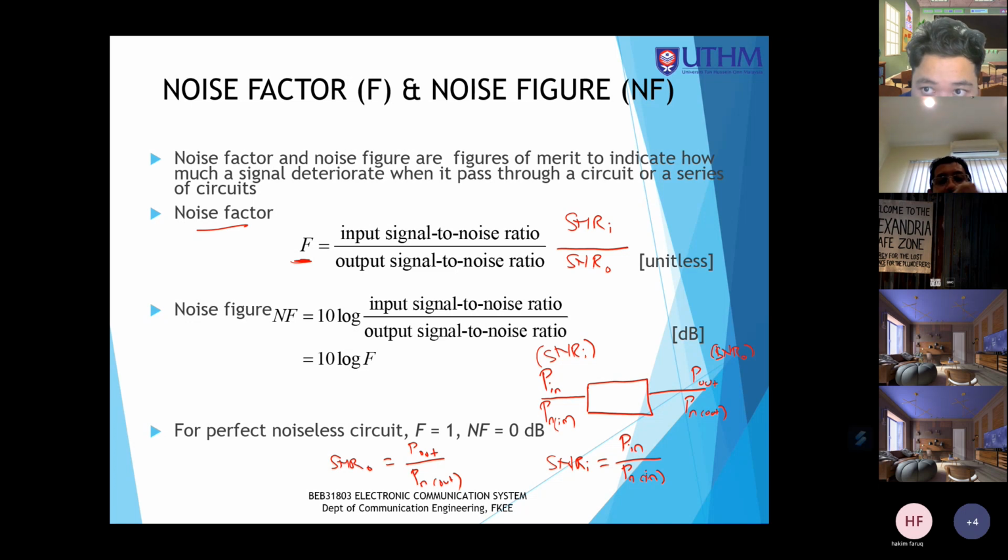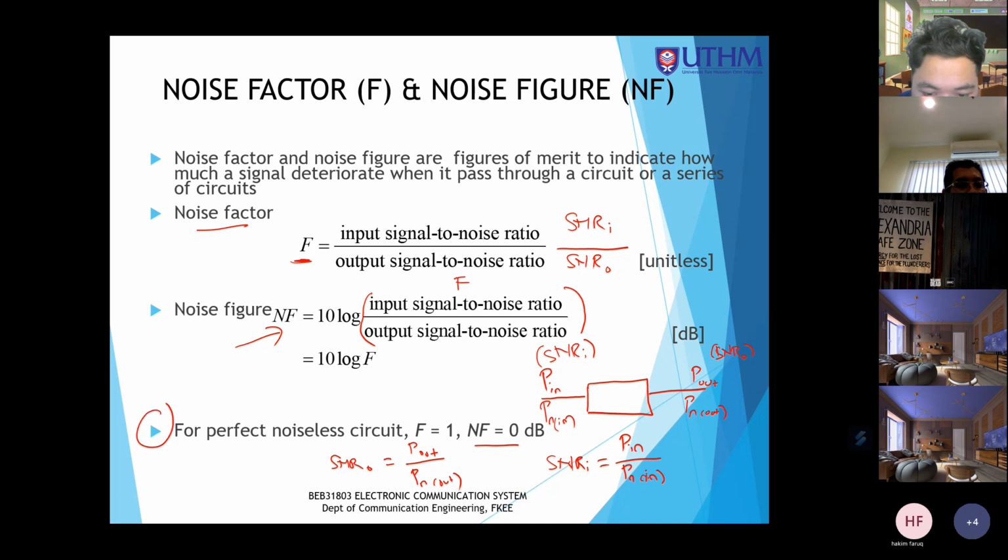And when we want to find the noise figure, NF is the decibel value of noise factor. That means 10 log of noise factor. Okay, this is the noise factor. Okay, 10 log noise factor, you're going to produce noise figure. Okay, so for a perfect noiseless circuit, F equal to 1 and NF equal to 0.